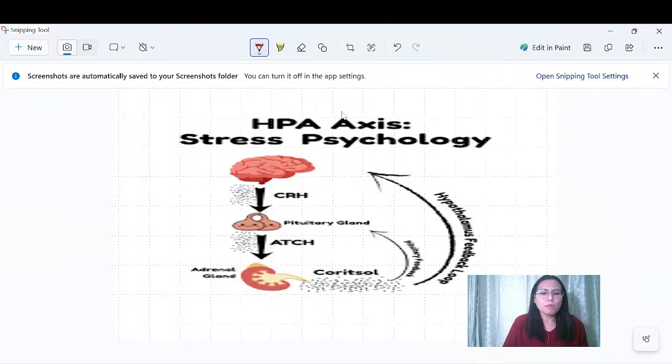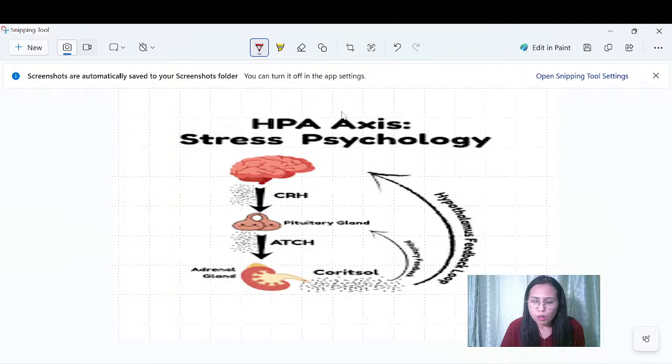Whenever the body experiences distress, such as infection, trauma, or surgery, it releases a stress hormone called cortisol. But the adrenal gland does not release cortisol on its own. The brain controls it through a pathway called the HPA axis.